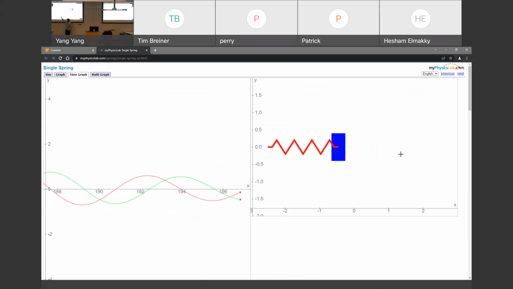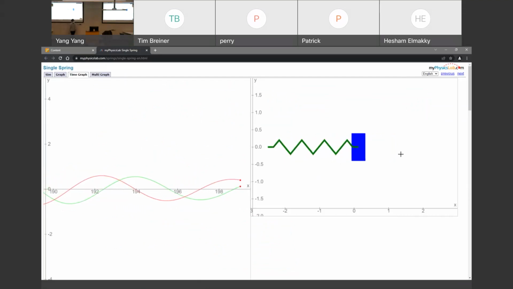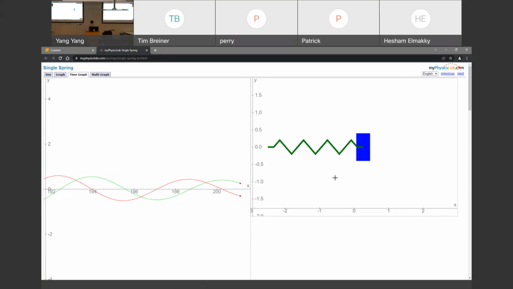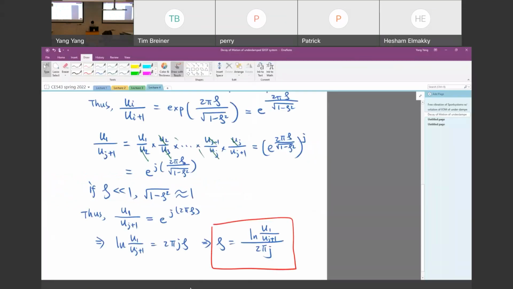With all the recorded data, we have a number for U1, and we have a number for UJ plus 1.